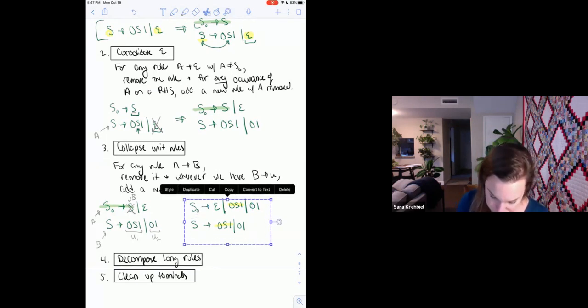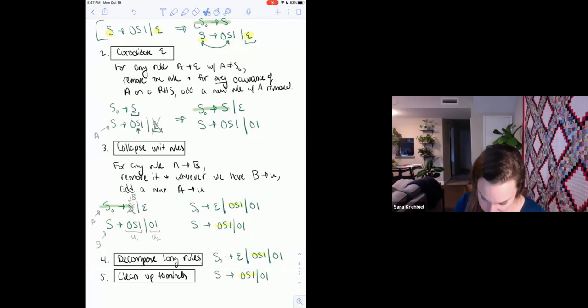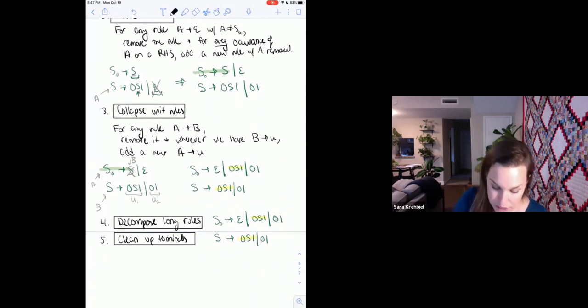So what I'm going to do is say 0S1 is going to get decomposed into this 0, and then S1 I'm going to replace by creating a new variable. My new variable is V, or whatever you want to call it, and that's going to get converted to S1, so I can replace S1 with my V's.